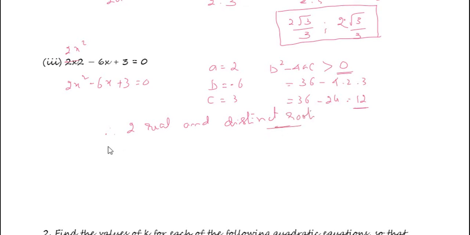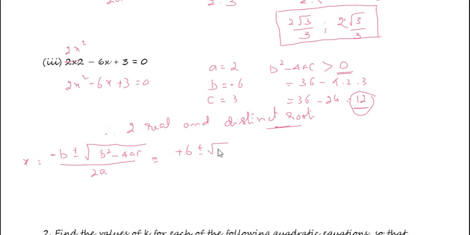Now let us find the roots of this quadratic equation. This is the quadratic formula: (−b ± √(b² − 4ac)) / 2a. Now minus b is 6, minus of minus is plus, so this is 6 plus or minus, b² − 4ac we know, that is 12.